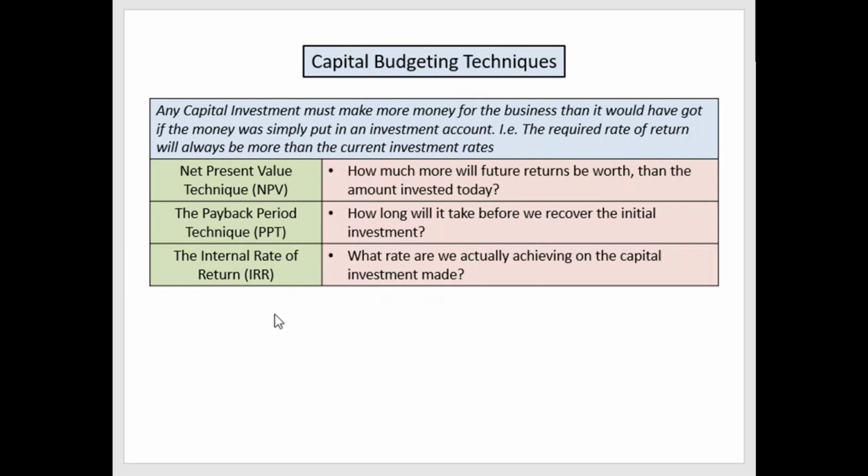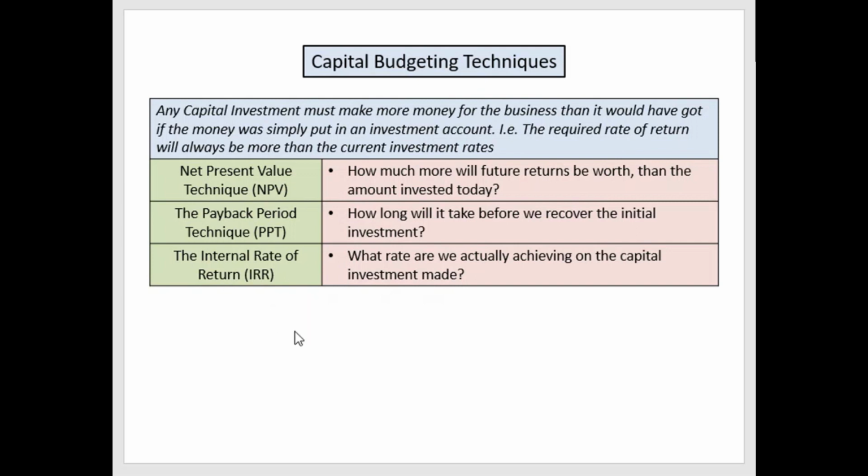The one is the net present value technique. It answers the following question: how much more will future returns be worth than the amount invested today? So we're looking at the time value of money, and it's a better technique. It's more accurate than the next one.